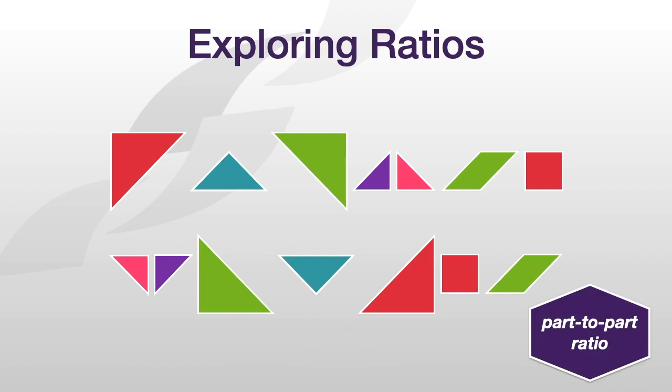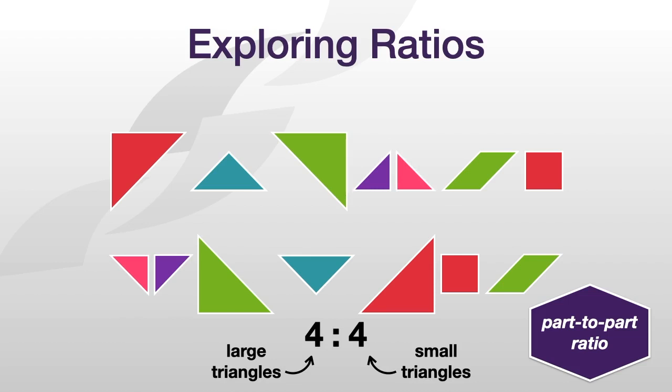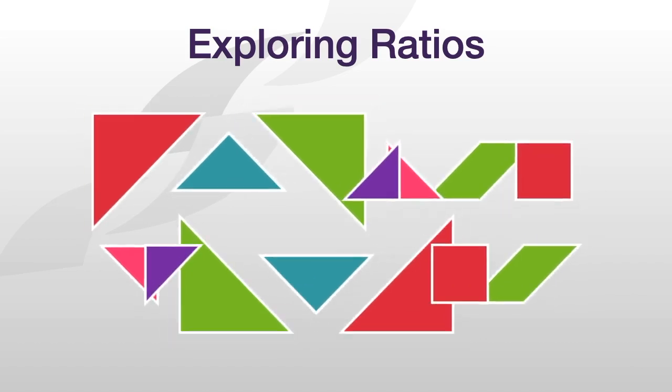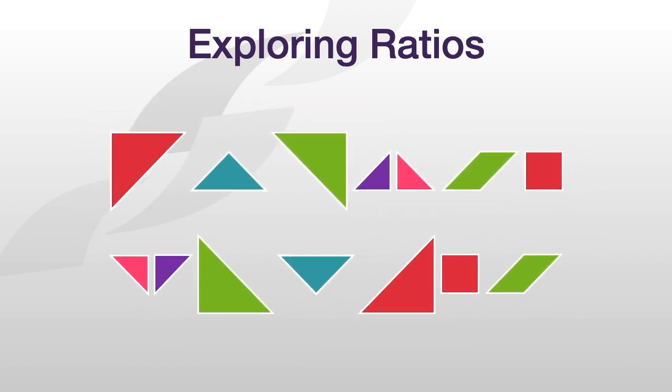You might have compared the number of large triangles to the number of small triangles. There are 4 large triangles to 4 small triangles. Or you might have compared the number of purple pieces to the total number of pieces. There are 2 purple pieces to a total of 14.